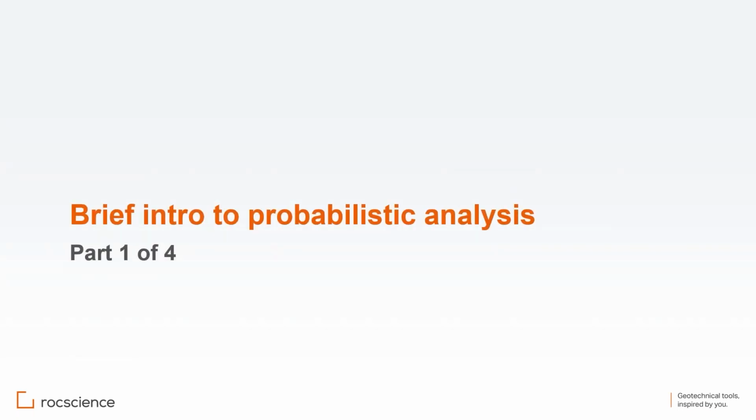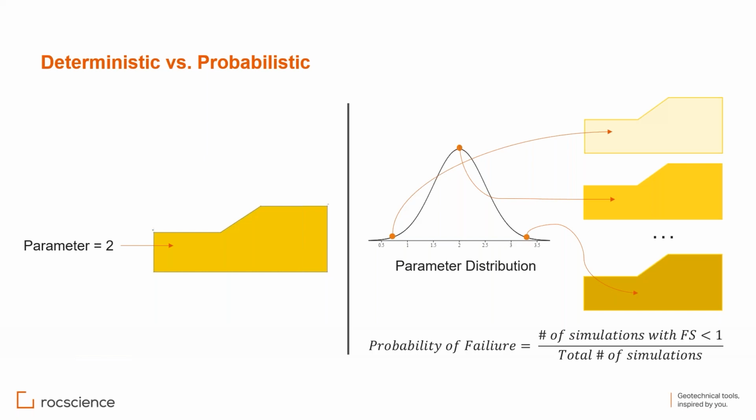So let's start with a very brief intro to the probabilistic analysis. The left figure, as you can see, is the deterministic analysis, where you assign one single value to the entire geometry and you calculate the factor of safety. In the probabilistic analysis, or a simple probabilistic analysis, which we call the single random variable approach, instead of defining one parameter, we define a distribution for the input parameters, and we sample them in different simulations, and we assign them to the entire slope again.